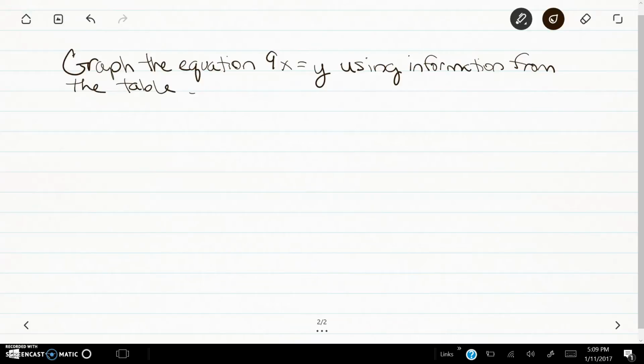All right, and now we've got to graph it. So I'm going to graph the equation 9x equals y using the information from above. So I'm going to have all positive numbers, so I'm just going to do an L graph. So this is my y value, this is my x value.